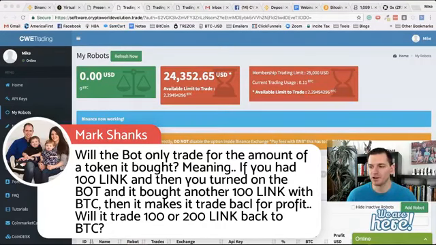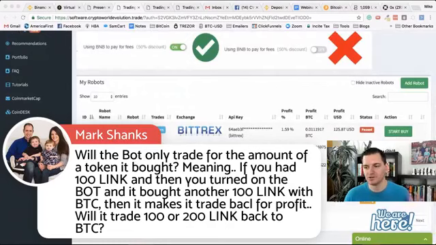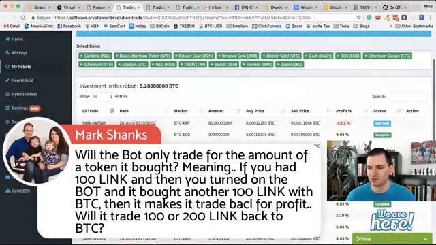And it never closes. If you've noticed, it never closes in the red unless you manually close it. The only reason you would ever manually close an order is if you want to free up the money, like the $120 that's trading now, you just want to cut your losses and say, close it and start a new trade. That's the only time you would ever close an order. Otherwise, just let it go till it's green.